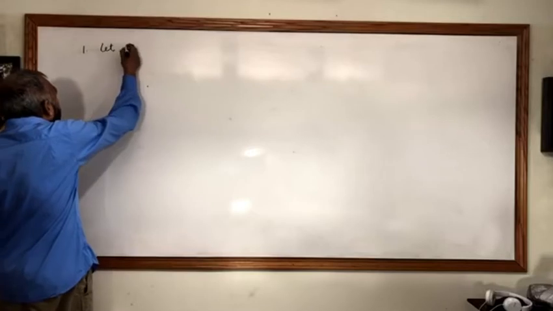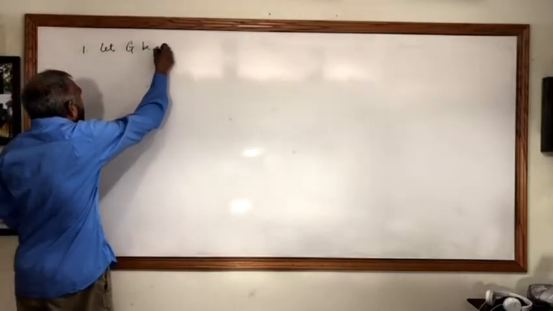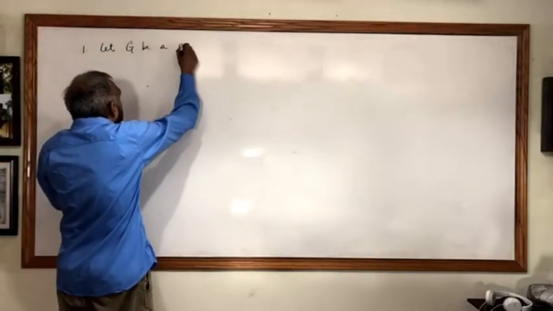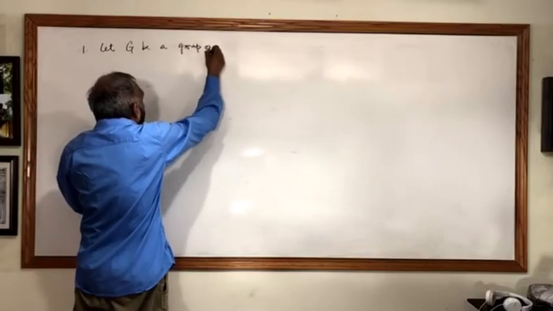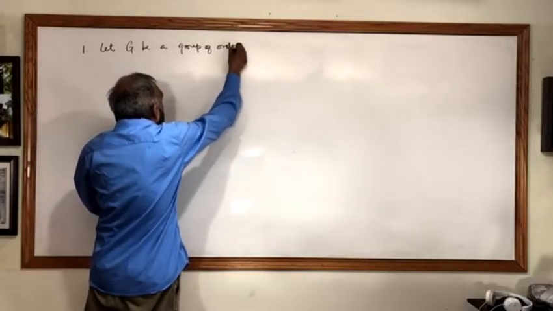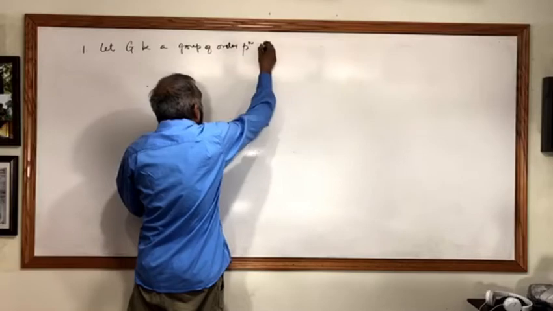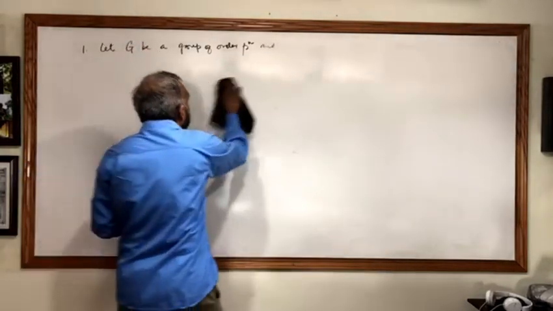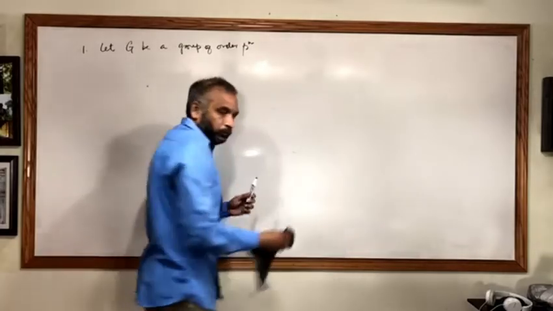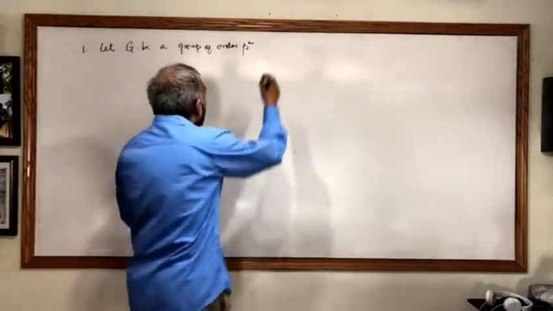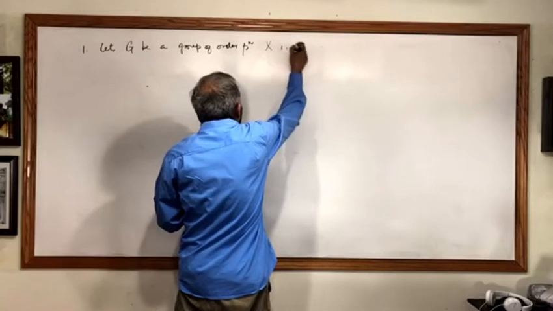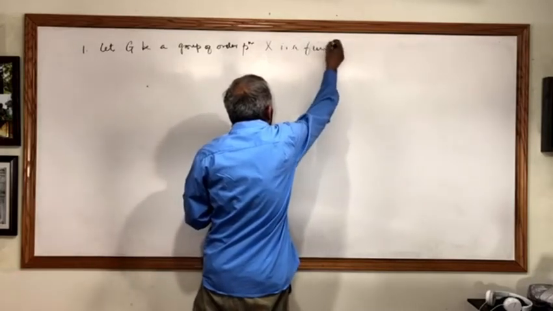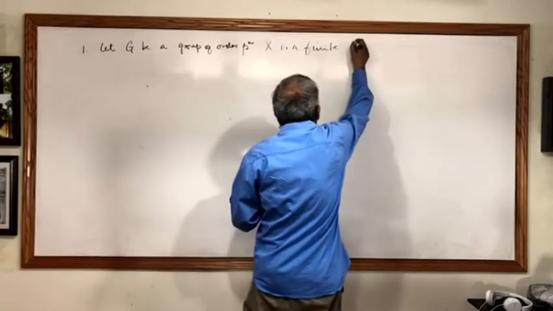Let G be a group of order p to the power of n, and X is a finite G-set.